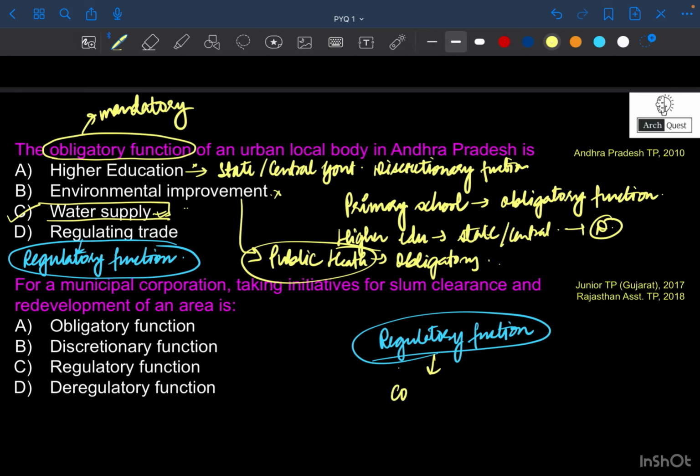They're used to control behavior and ensure public safety or order. Okay. So hence regulating trade is not an obligatory function, but it comes under regulatory function.